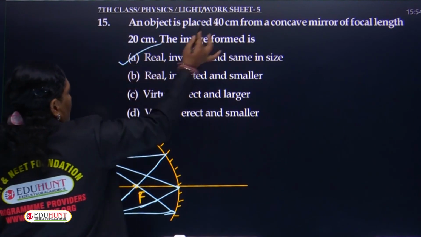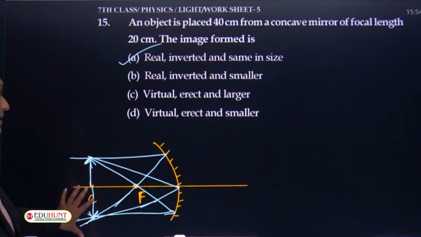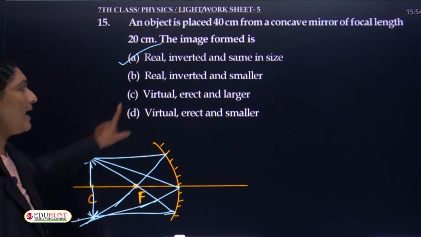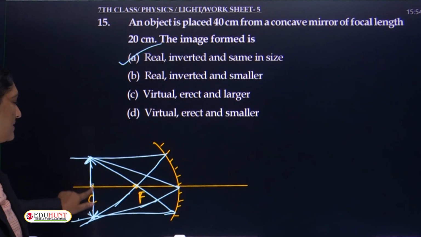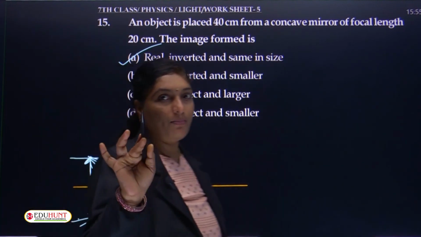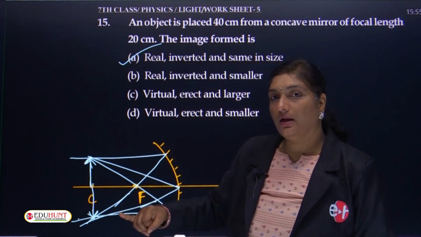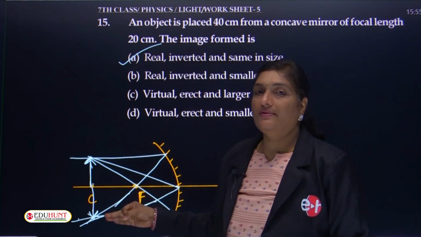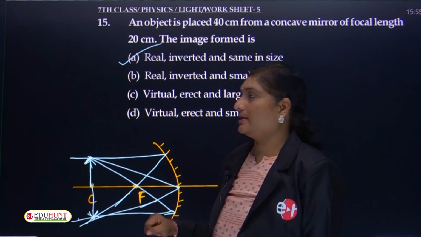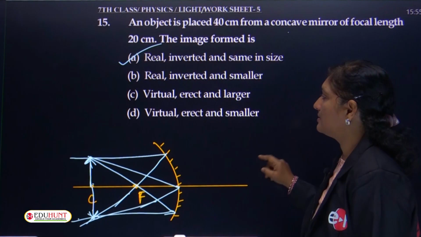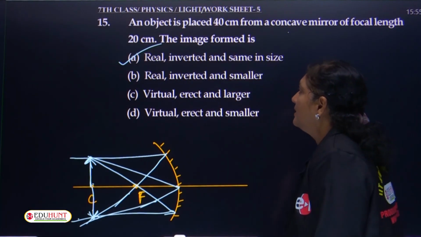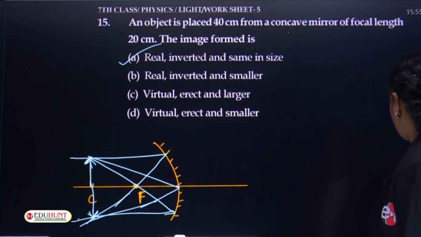Hence, the image so formed is real, inverted and the same size. Whenever an object is placed at the center of curvature, remember that the image formed will be real, inverted as well as the same size as the object in the case of a concave mirror. So the answer is option A, that is real, inverted and same in size.